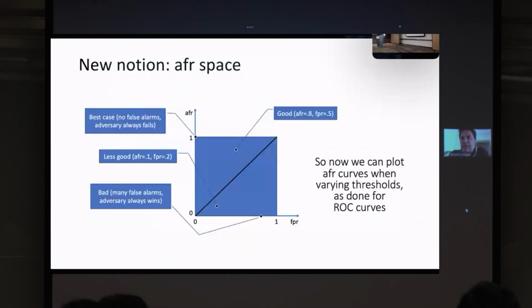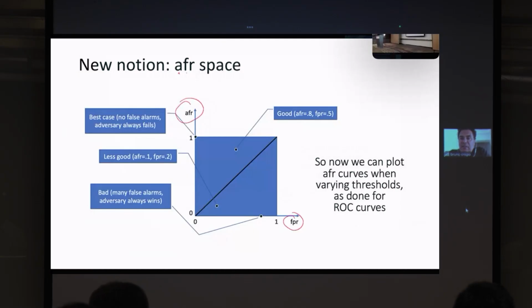So it's the same. We have this notion of adversarial failure rate space, similar to the ROC curve space, where you have the adversarial failure rate over the false positive rate.